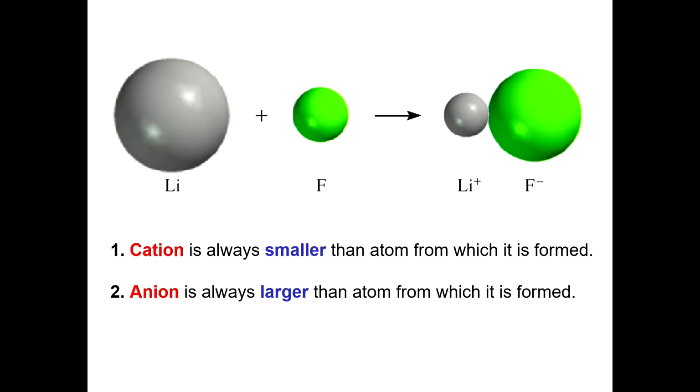So a cation is always smaller than the atom from which it's formed, and an anion is always larger than its neutral atom. Here we can see very clearly the changes of their radius.